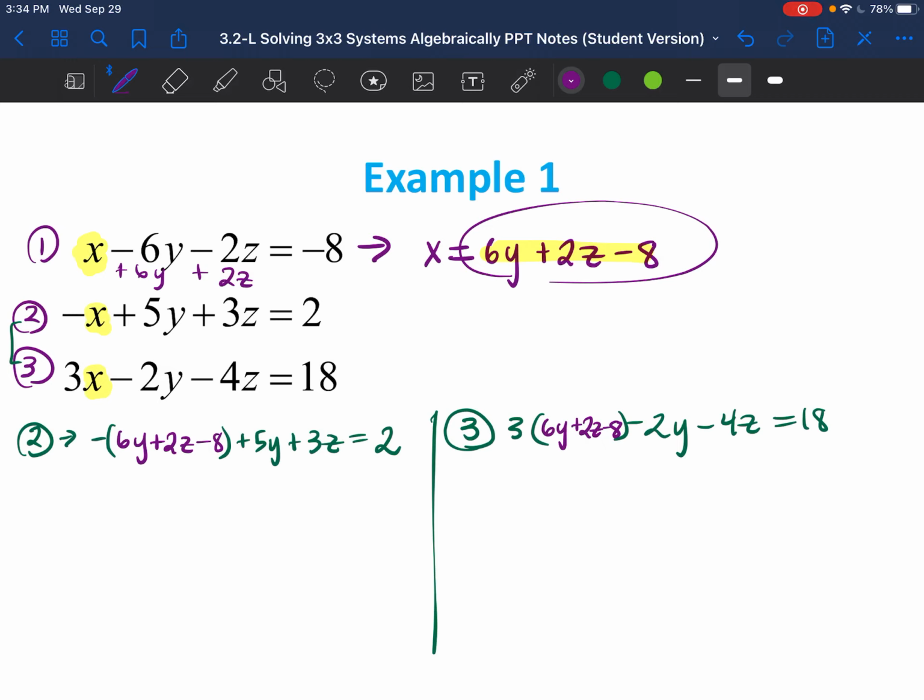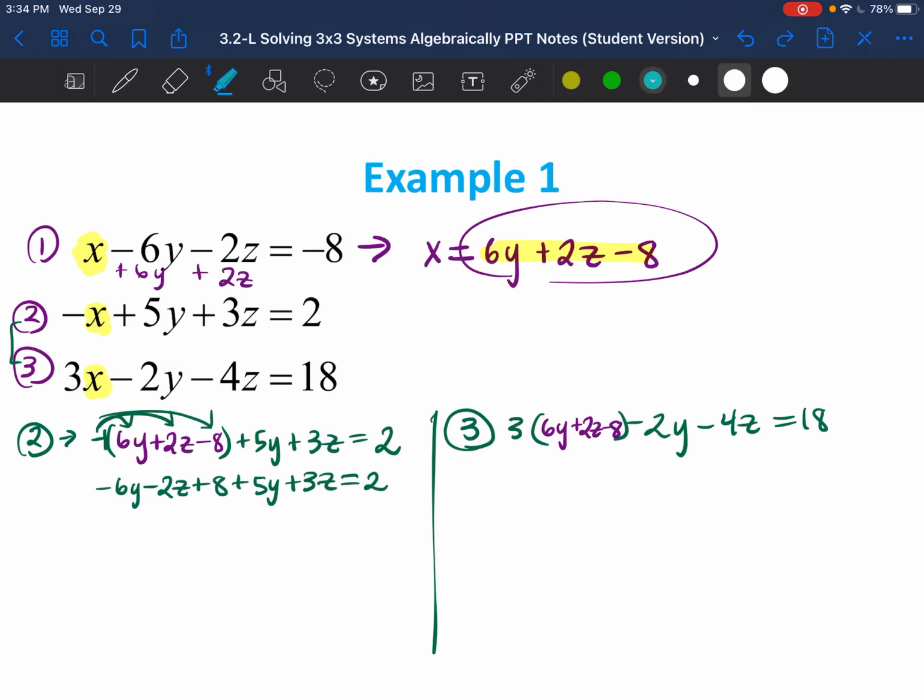Okay, and so now you want to simplify both sides as much as possible. And so the first thing is distribute this negative, which is technically a -1. So negative 6y minus 2z plus 8 plus 5y plus 3z equals 2. Combine your like terms. So I've got a negative 6y.